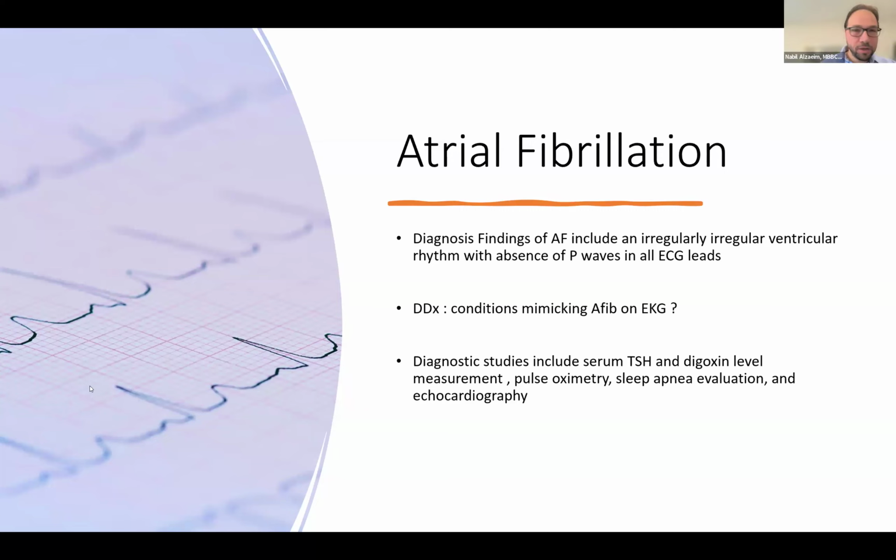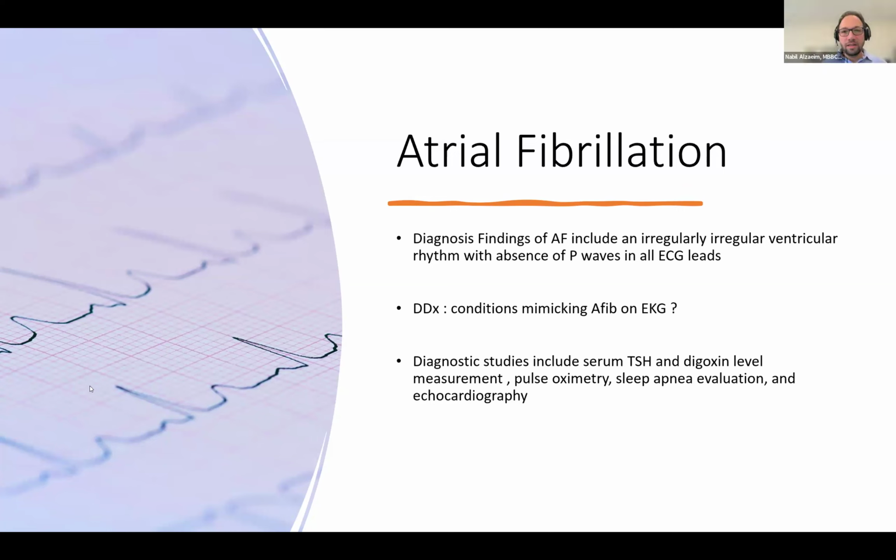Let me try another one, maybe. Sorry about that. I think it was better with the headphones. Someone else in the chat says it's better. A couple of people say it's better.